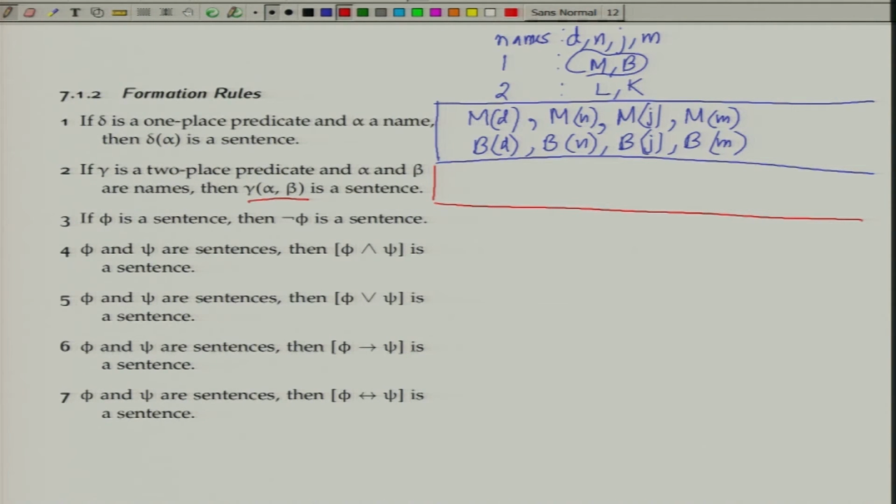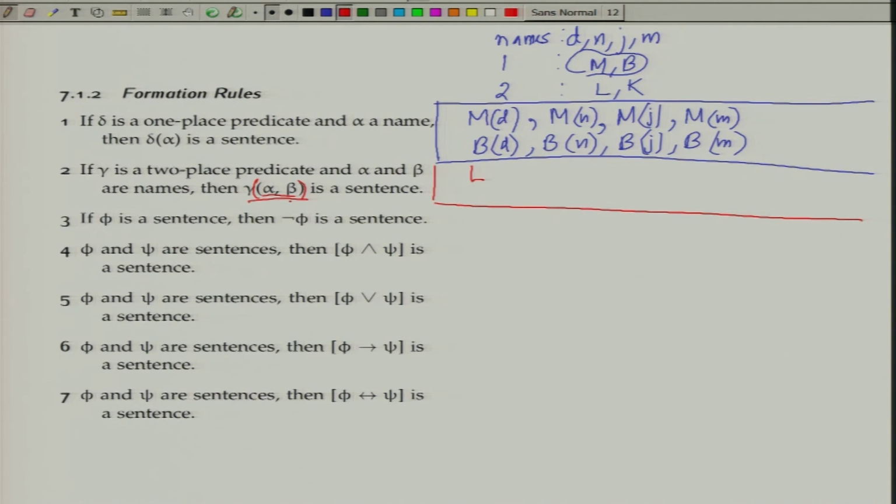Now remember, this is very important. For them, in this semantic system, this bracket means that they are in this order, but not everywhere. Here we just stipulate that alpha beta must be kept all the time in the order given.